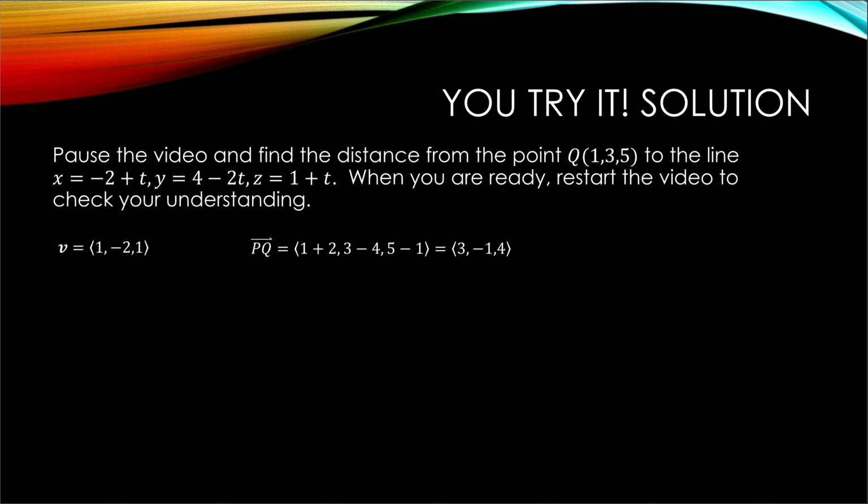The magnitude of that cross product is simplified to 5 times the square root of 3, and the magnitude of my v vector is the square root of 6, so that my distance between that point and that line that I was given is given by 5 square root of 3 over square root of 6, or I can also write it by rationalizing the denominator as 5 square root of 2 over 2.